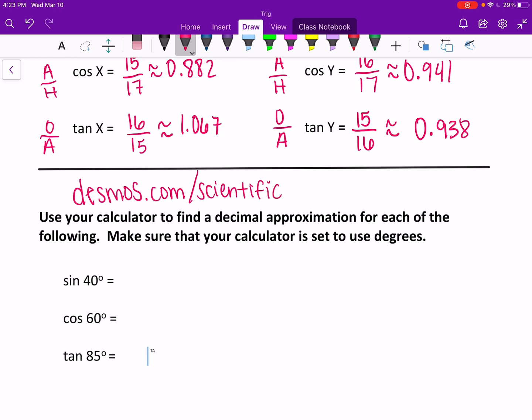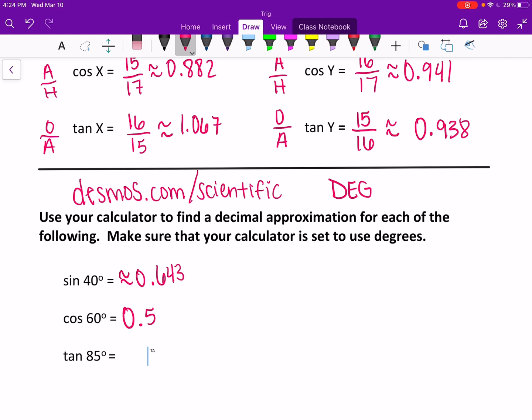And make sure that button in the middle says DEG and not RAD. You need to change it to degrees. So if you type in sine of 40 degrees into your calculator, you should get approximately 0.643. If you type in cosine of 60 degrees, you should get 0.5.